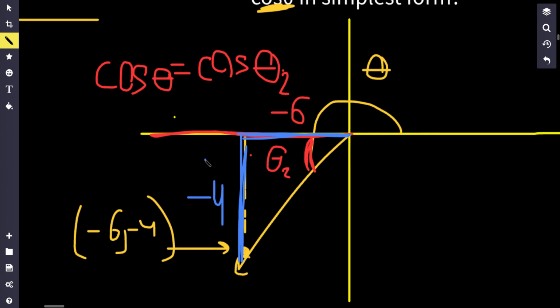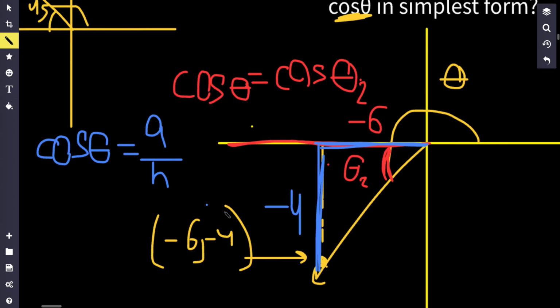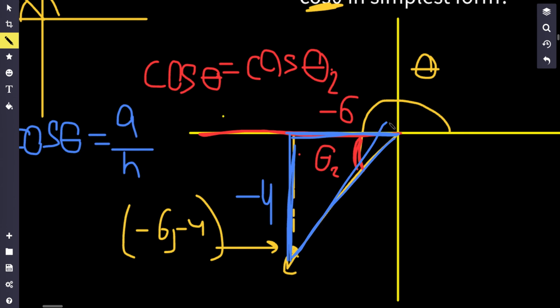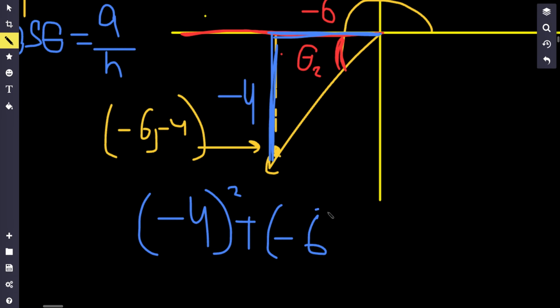Cosine of theta is going to be equal to the side adjacent the angle over the hypotenuse. Now, in this case, we don't know what our hypotenuse is, so we can just use the Pythagorean theorem. a squared plus b squared is equal to c squared. Just call this side c.